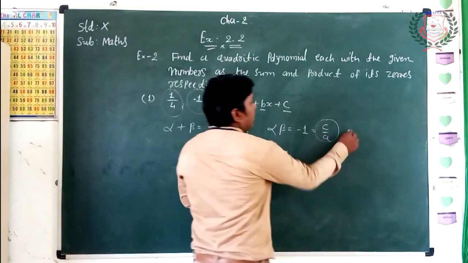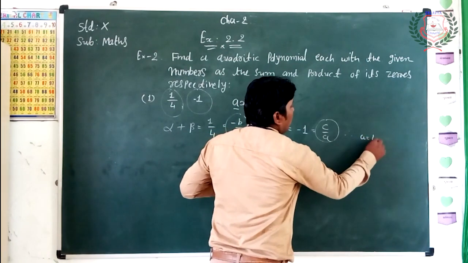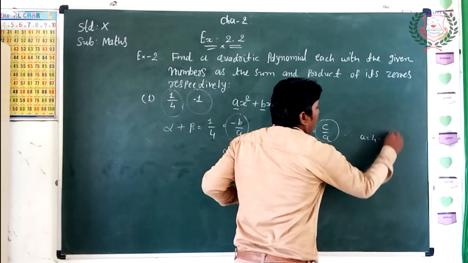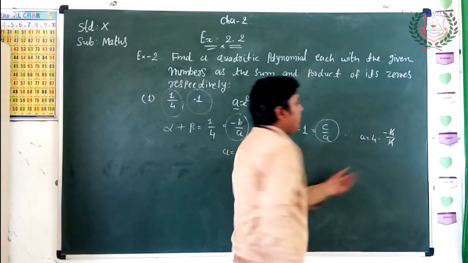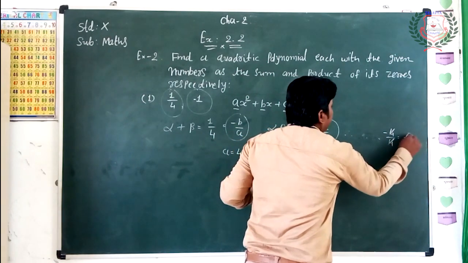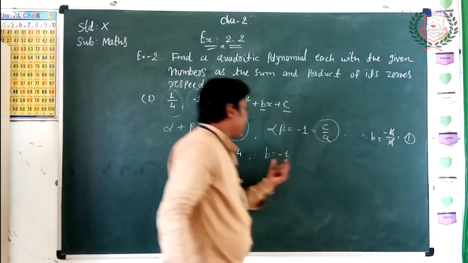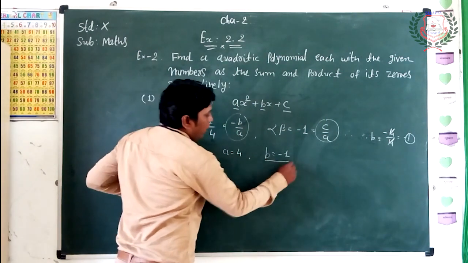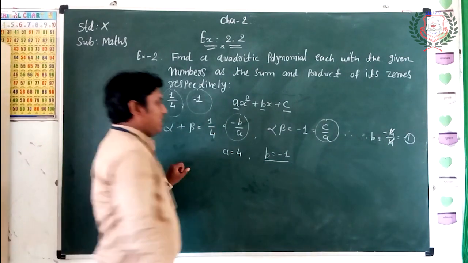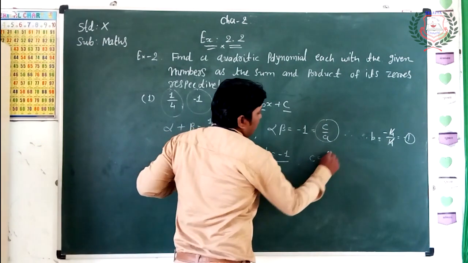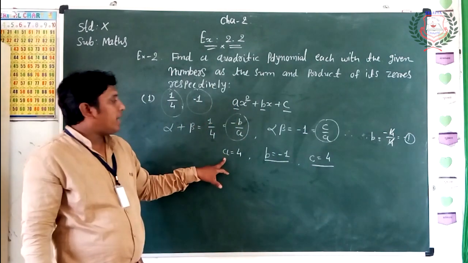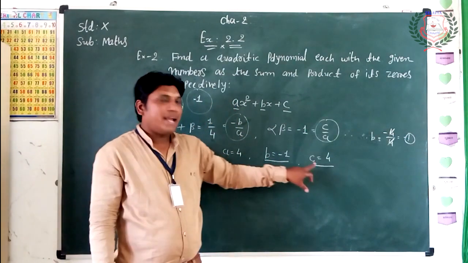Because a is equal to 4 and c upon 4, when you put 4 by 4 and minus 4 is cut here, the remaining part is minus 1, and it is the value of b. Now c is equal to 4. So here we get the values of a, b and c.